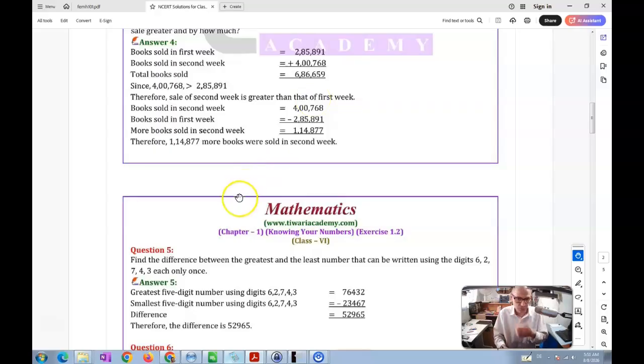So when you use these solutions, you have to make sure that if there is some mistake, you are able to catch it. If something doesn't seem to be right, or something hasn't been typed properly, you need to be able to catch it. Otherwise, they are perfect. Okay?